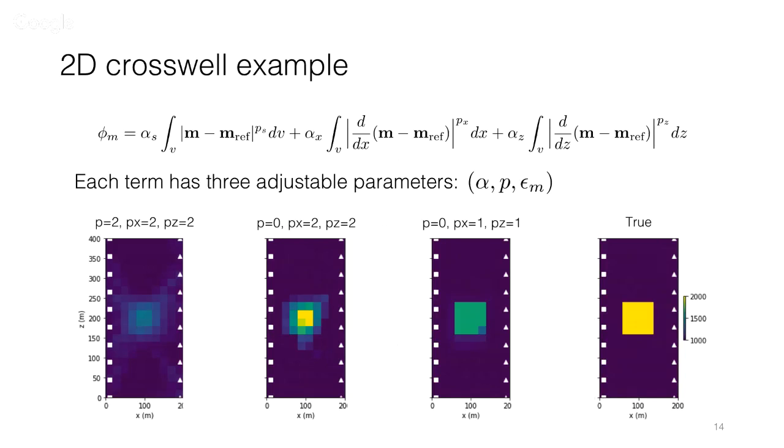If we change p_s, if that is actually equal to 0, but p_x and p_z are 2, then we get something that looks like that. So that's actually a big difference. Notice the change in the amplitude here between this and this.